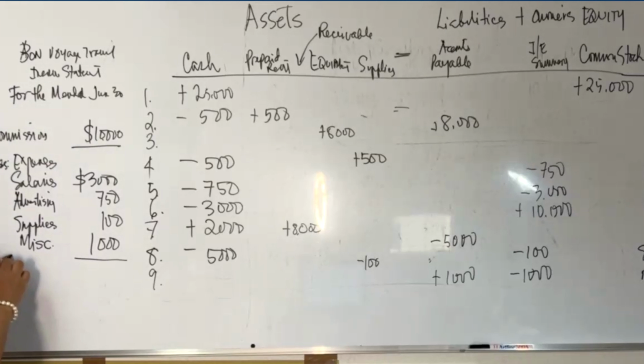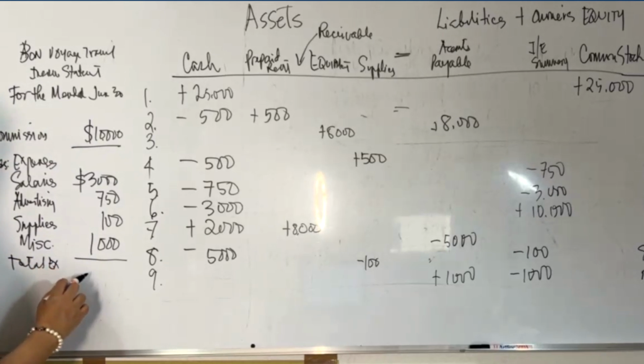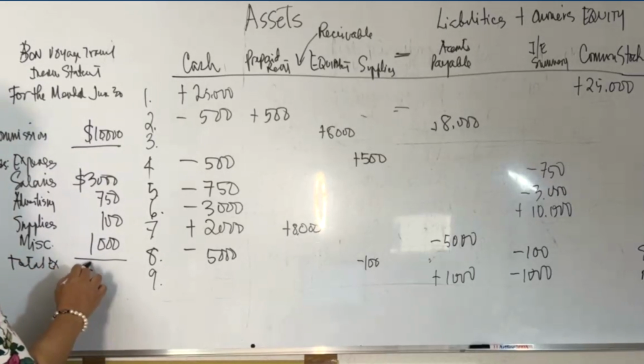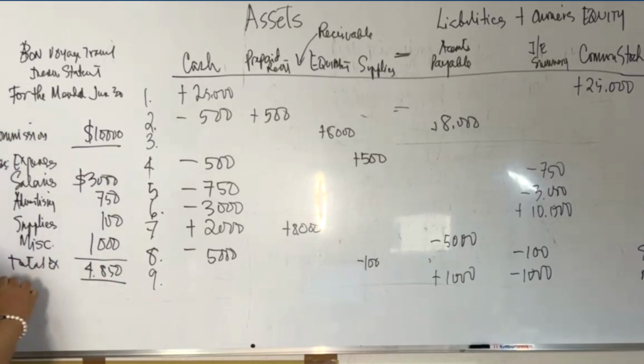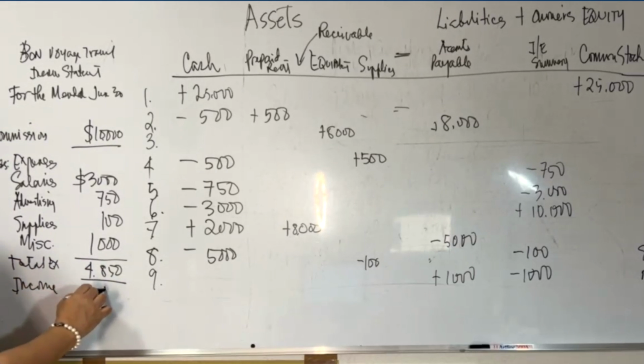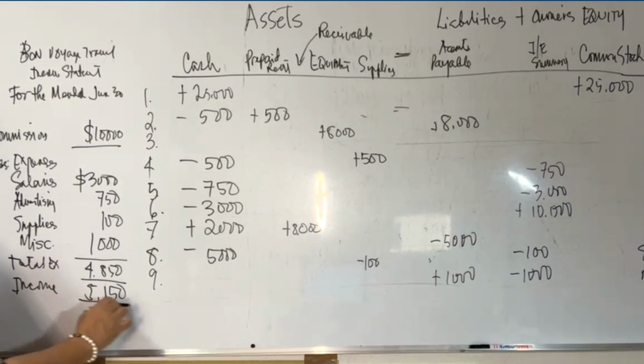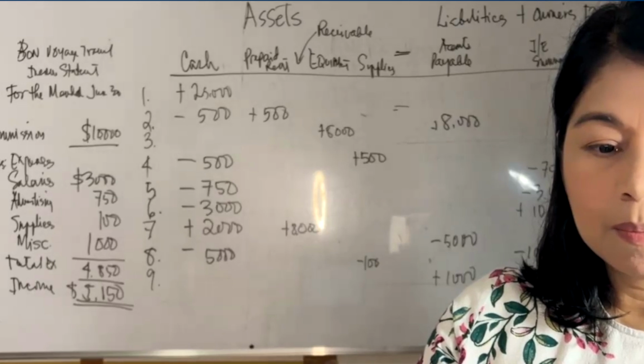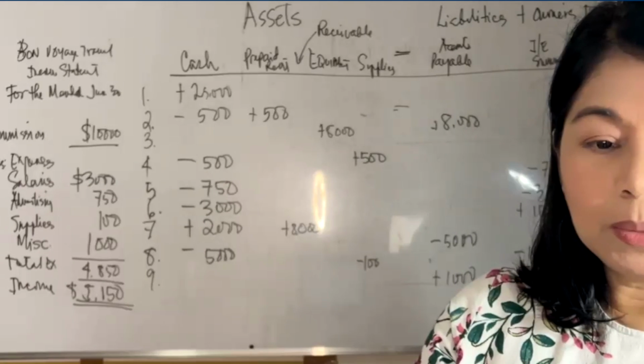So total expenses is 4,850. And therefore net income would be 5,150. Okay, so we're done with that.